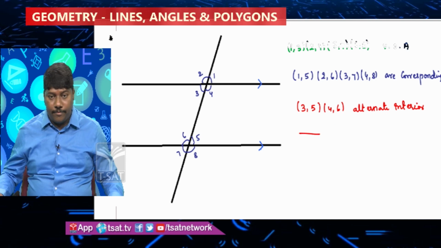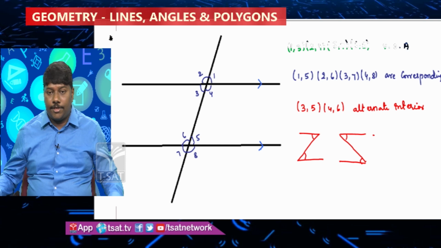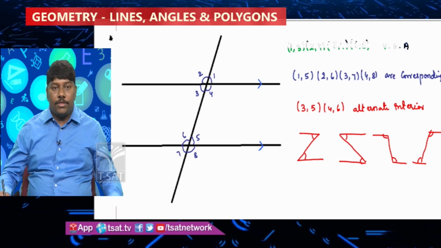It can be in the shape of Z, like this, inverted Z, extended, it can be in any of these 4 shapes. So these are all alternate interior angles.